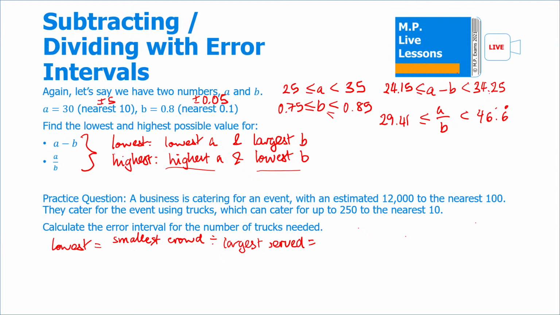So in that case, that would be the smallest crowd, since it's rounded to the nearest 100, that's plus or minus 50. That would be 12,050. Wait, 11,950.